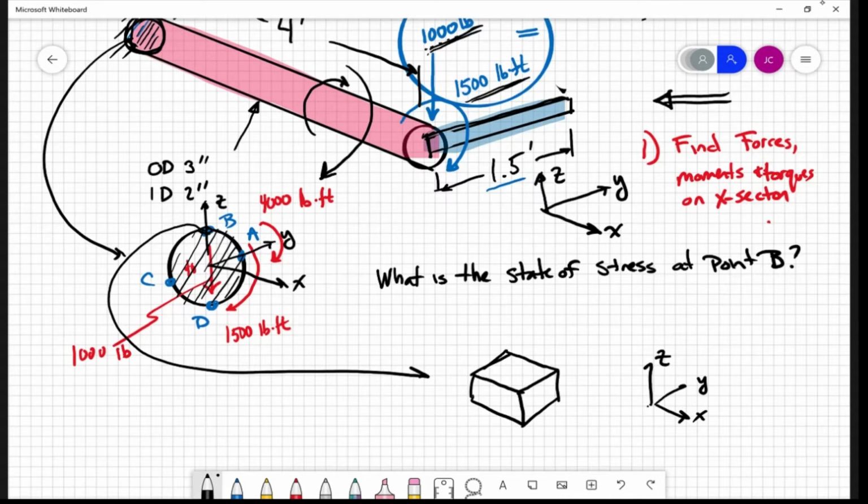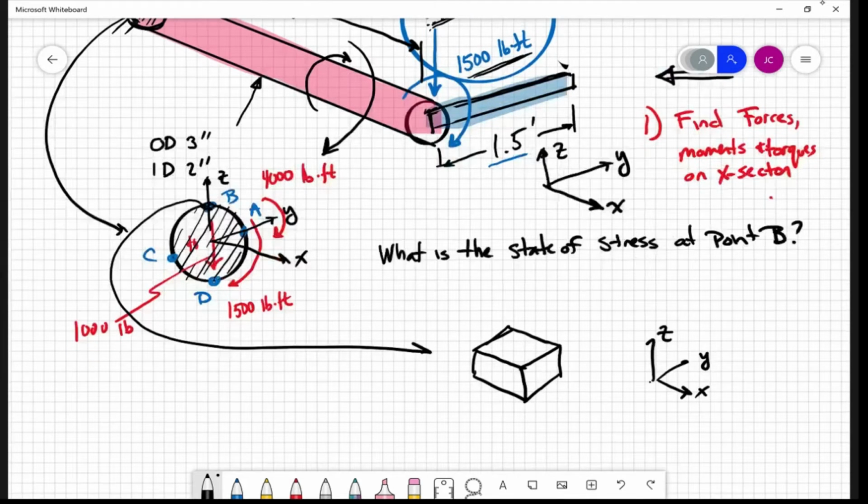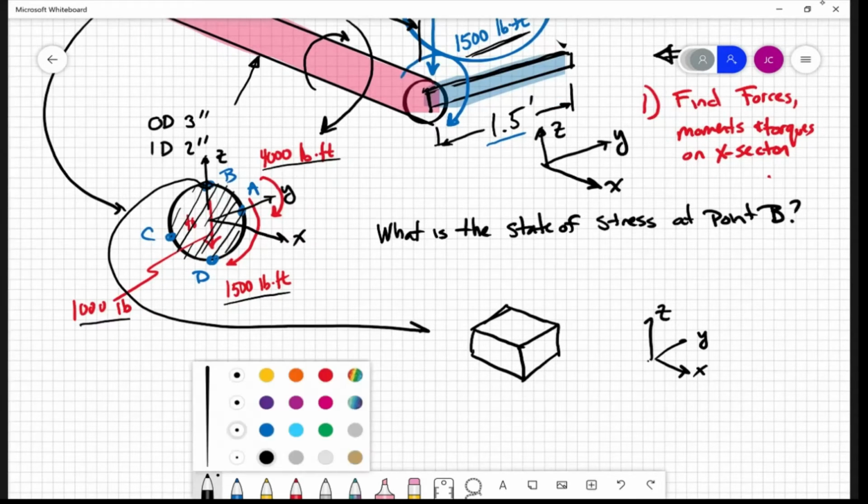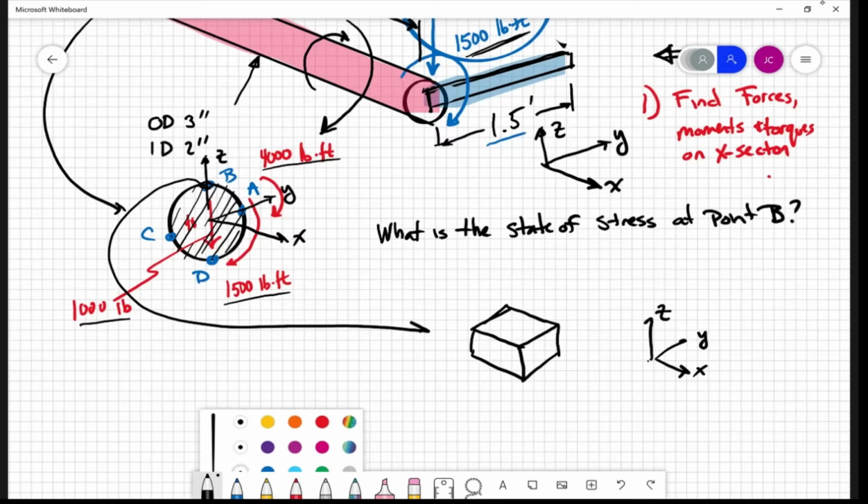So let's go one by one and look at the effect of each one of these forces on the cross section, right? The torque, the shear force, and the bending moment, and see what types of stresses that produces at point B.